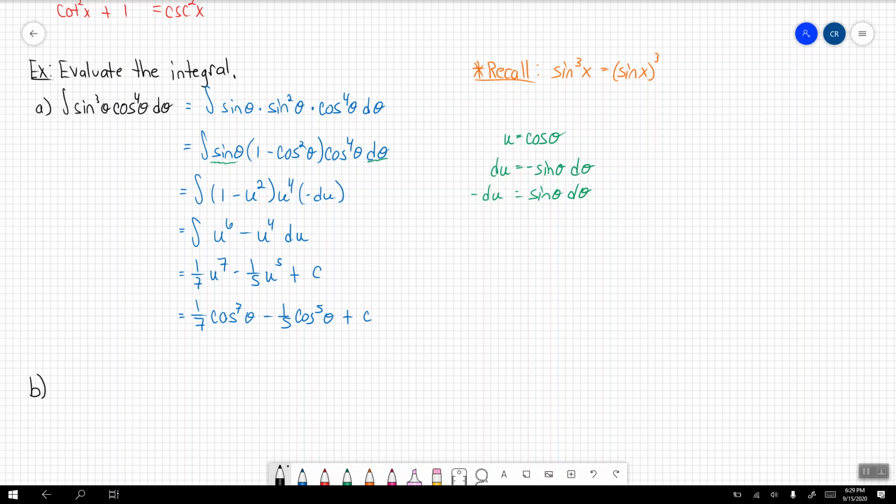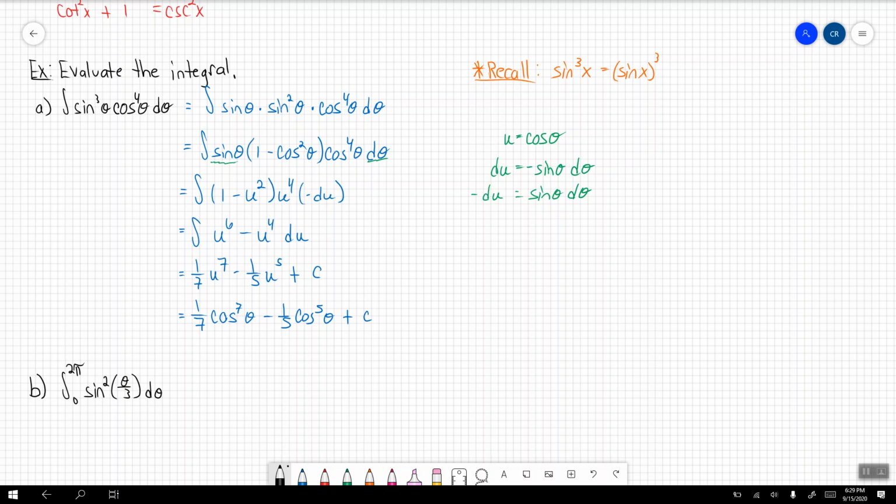So let's look at part B. I want to integrate the integral from 0 to 2 pi of sine squared of theta divided by 3, d theta. Well, here we have sine squared of theta over 3.